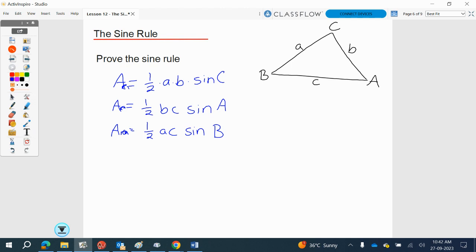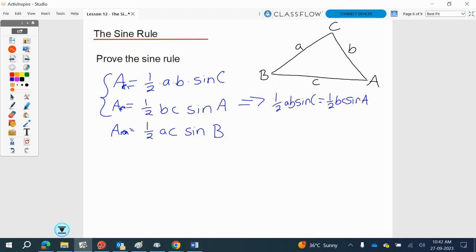So these are all equal. If I take two of them, like these two, that implies that a half AB sine C is equal to a half BC sine A. What can we simplify from this? We can simplify the halves.